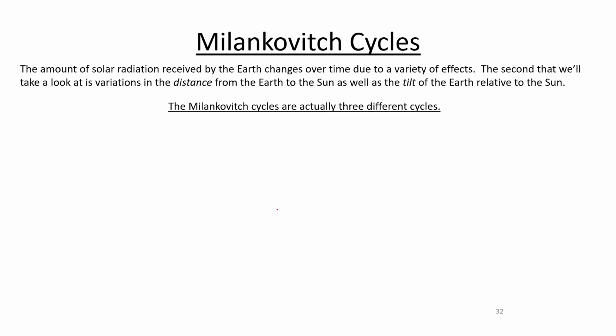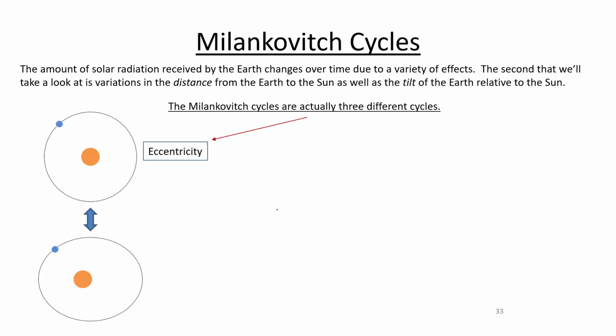And the three cycles that are a part of this little family are first, cycles in the eccentricity of the Earth's orbit. In other words, going from something that is quite circular, so the Earth here is the little blue ball, and this being the sun.